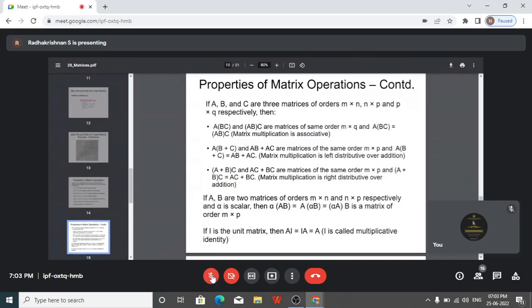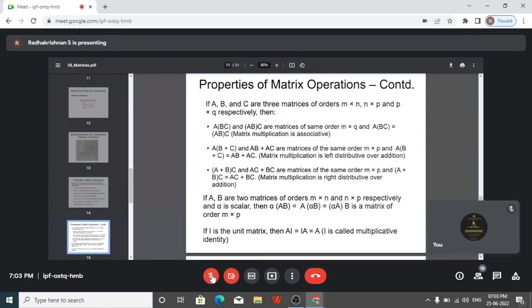Similarly, (A plus B) into C equals AC plus BC. So matrix multiplication is right distributive over addition. So it is not commutative, otherwise it is distributive and associative. Those properties hold. Commutativity fails because the order changes: A cross B and B cross A are not equal. We must remember that well.